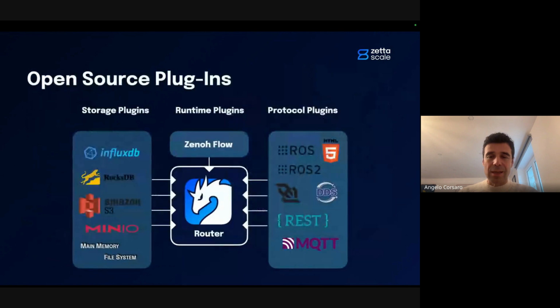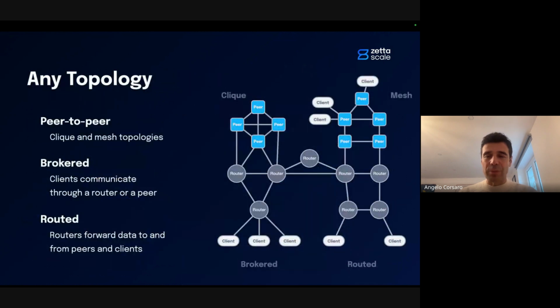Then, in terms of abstraction, with WebTransport you don't have the same location transparency. You don't have the same support for these kinds of topologies. So I think WebTransport sits at a lower level of abstraction than where Zenoh is today.